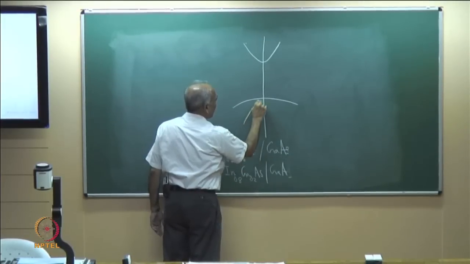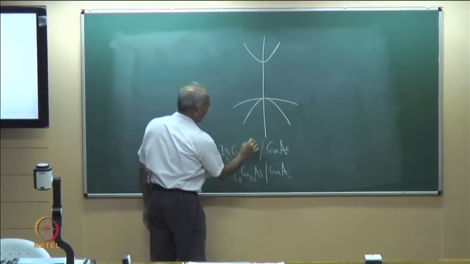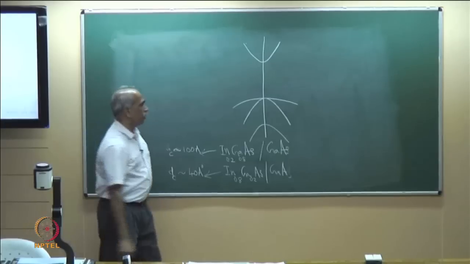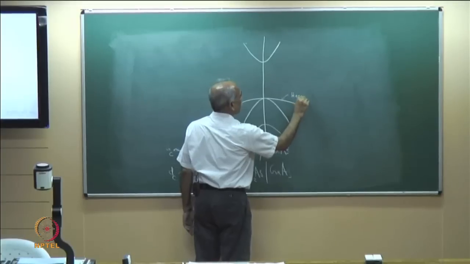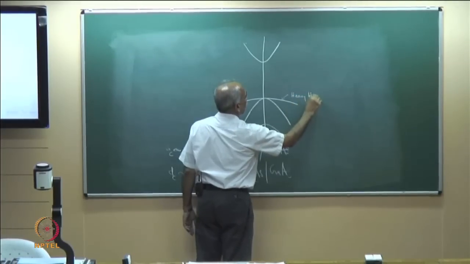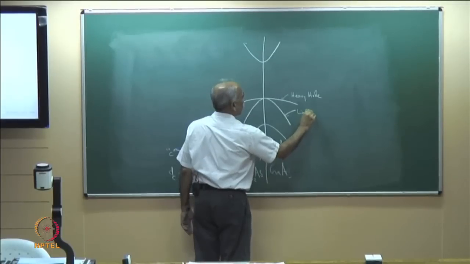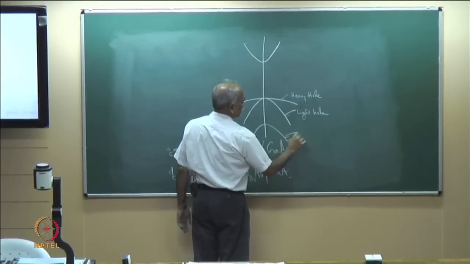So, I am now making it a little bit more complicated. This is the heavy hole band, this is the light hole band, and this is the split off band.